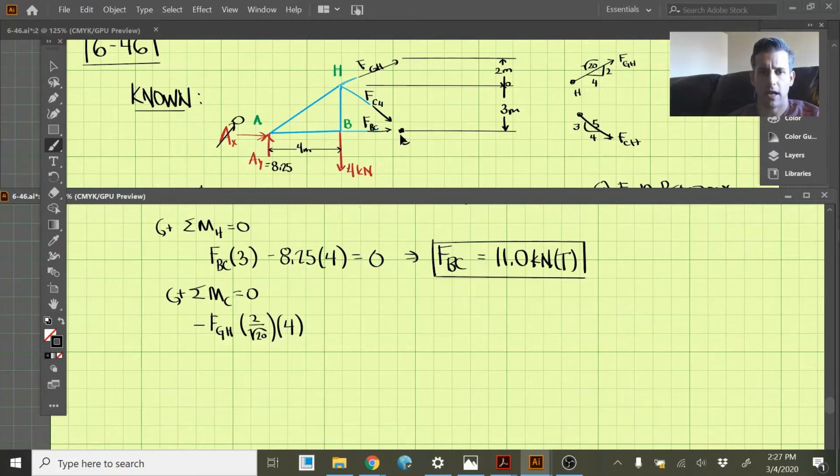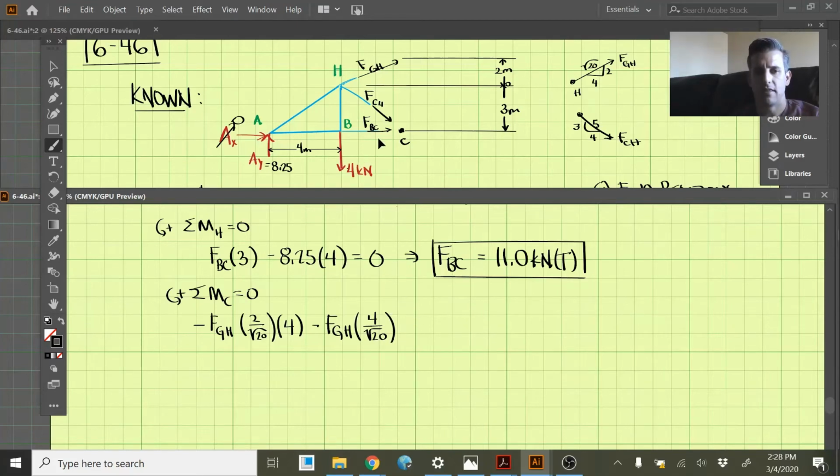And then we have the horizontal component of FGH, which is then going to create also a clockwise moment, which is going to be negative. So FGH. And the horizontal component of that force is 4 divided by the square root of 20. Okay.